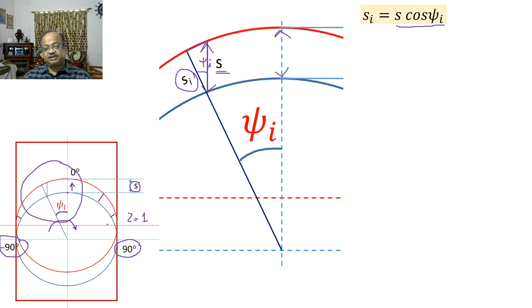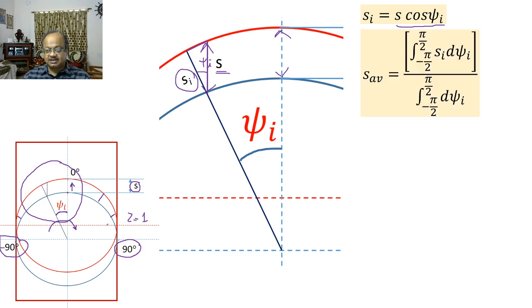So can we calculate something which is called average feed? Let us do that. The average feed for this cutting process, from this point of engagement to this point of disengagement, when the cutter is rotating in this direction, can be calculated as SI integrated over d psi I. The limits of integration are minus pi by 2 to pi by 2, and to find the average value, in the denominator it is integral d psi I, once again within the same limits.